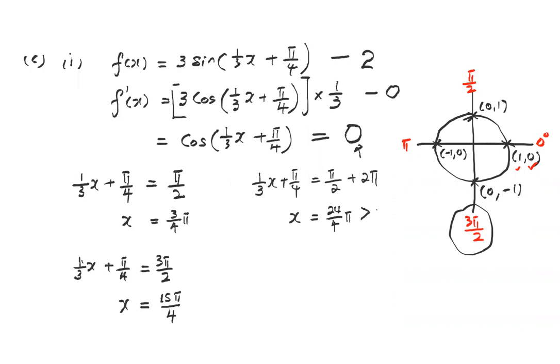This is more than 20. Correct? So this is not the solution. So you only have 2 stationary points. You take this angle, you substitute into your f(x). Or if you don't want, you can just say, so therefore, 3 over 4 pi and 1 is the local max.